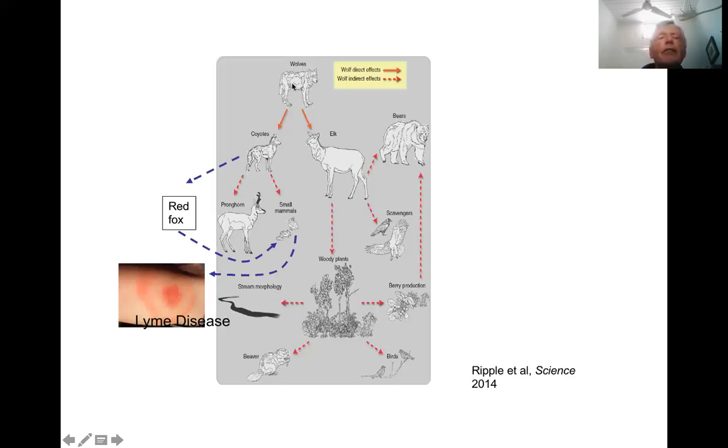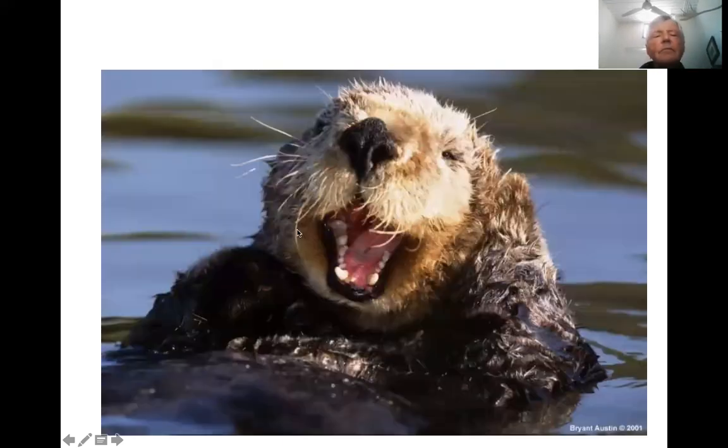So here is a case of a potential linkage from a predator by way of a trophic cascade of sorts that actually links back to things that influence people, human health, human disease in ways that no one had any concept of until a decade or less ago.